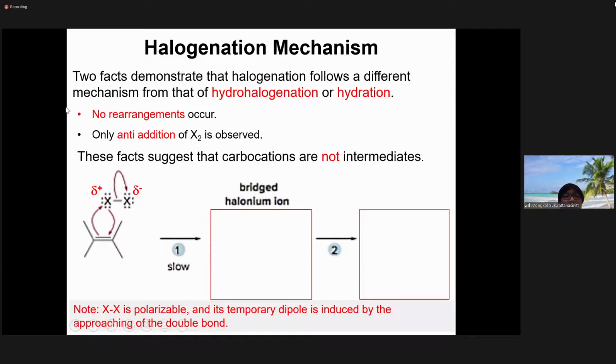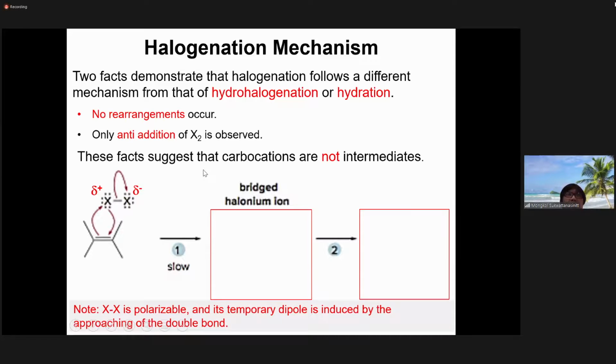Okay, here they explain this by using the mechanism of the reaction. There are several pieces of evidence for them to propose this type of mechanism.